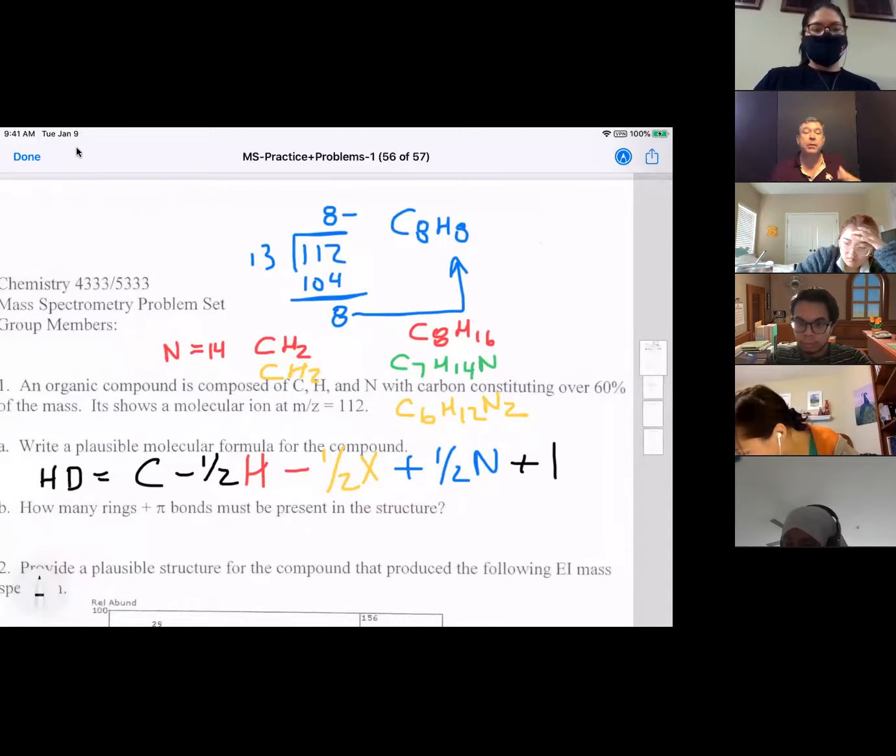Okay, so let's plug our empirical formula we have into this formula and figure out what we have.